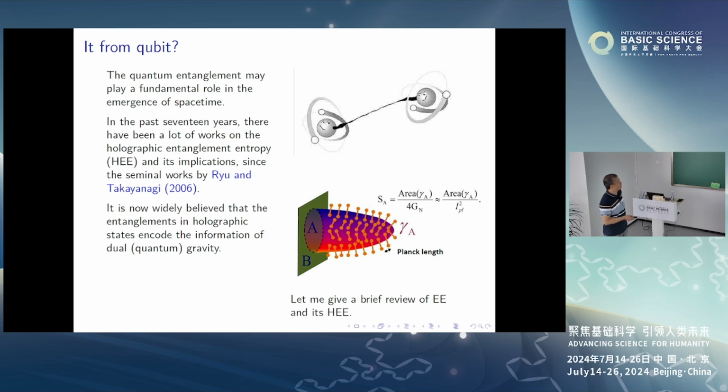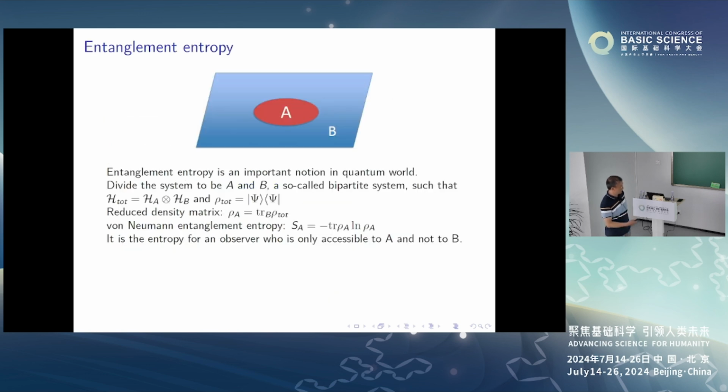I think some of this has been talked about already, so let me just briefly review. This is the standard definition of entanglement entropy, a quite important notion in the quantum world.